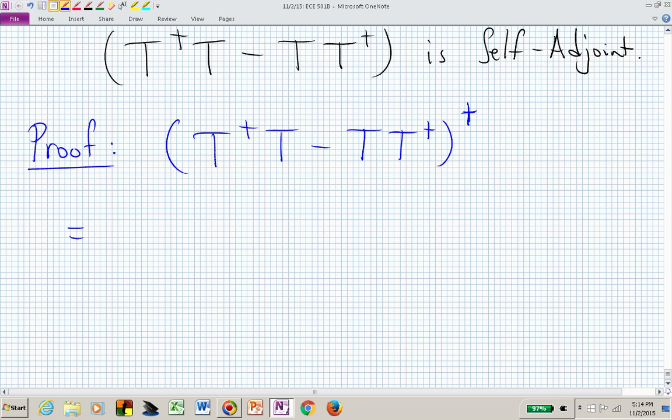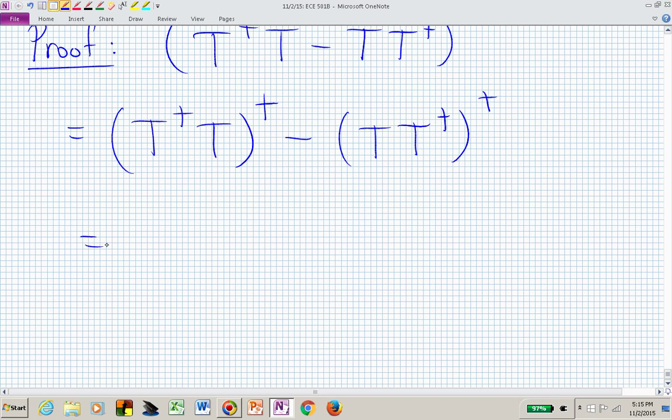And this now is a linear operator, so we can say T dagger T daggered minus T T dagger daggered. And what happens when we dagger a product? We reverse the order of those operators, don't we?